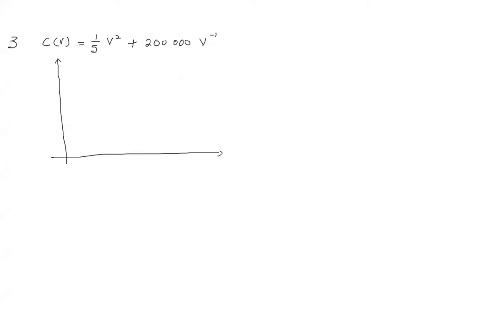We know that in this case, V cannot be 0, correct? So the graph looks some sort like this. Do you have this graph? Can you get that from your graphic calculator?